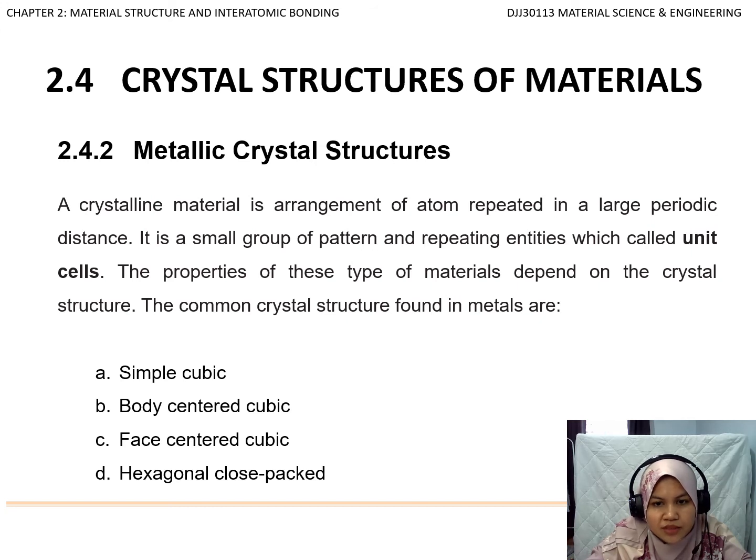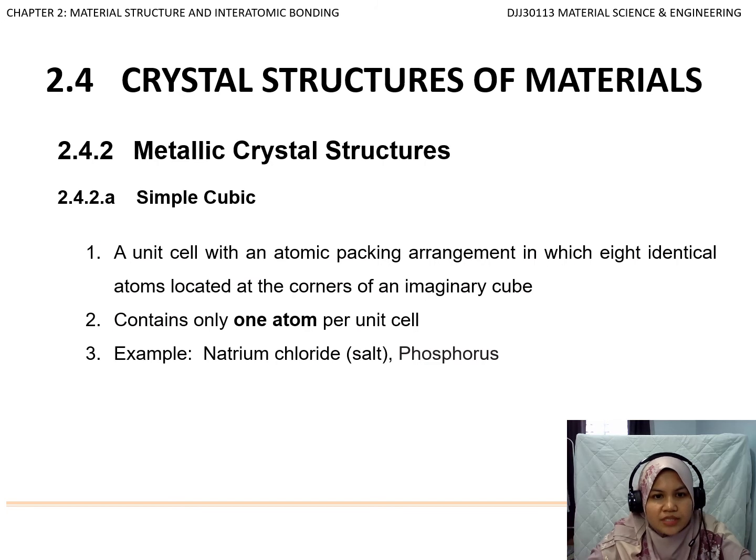The properties of this type of material depend on the crystal structure. The common crystal structures found in metals are these four: simple cubic, body-centered cubic, face-centered cubic, and hexagonal close pack.